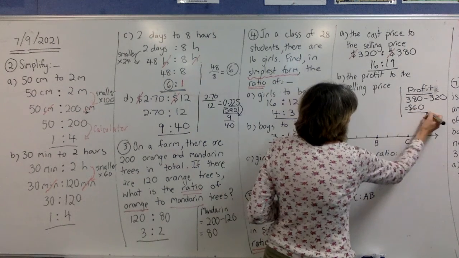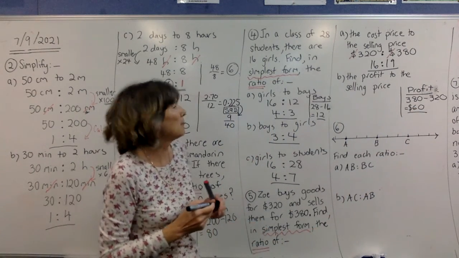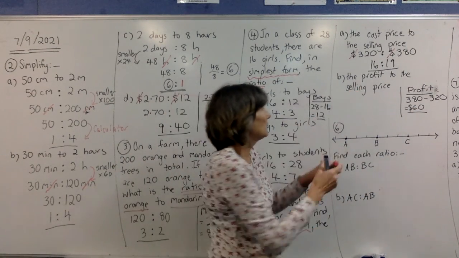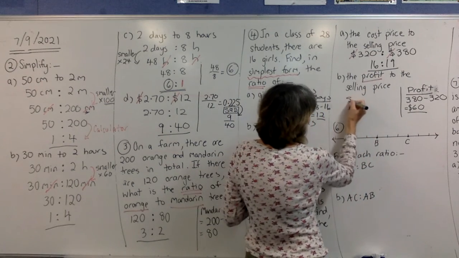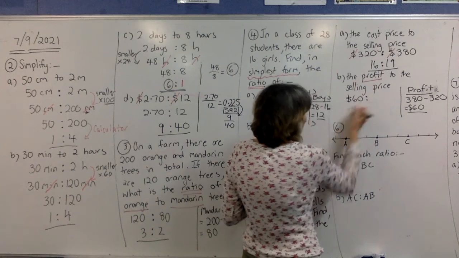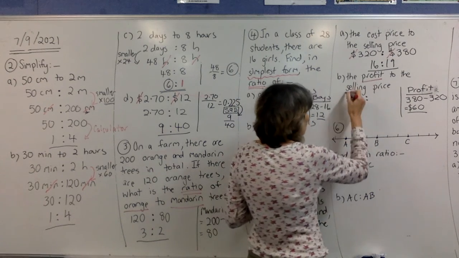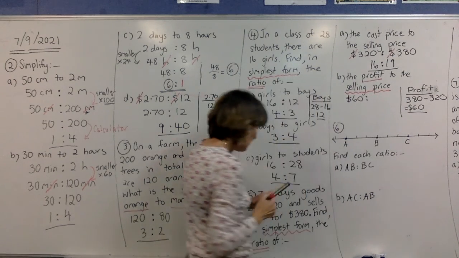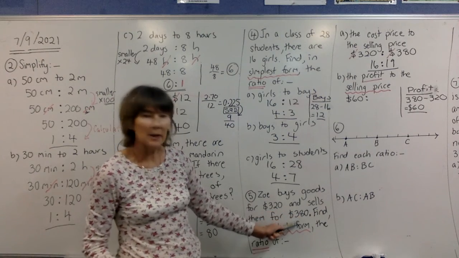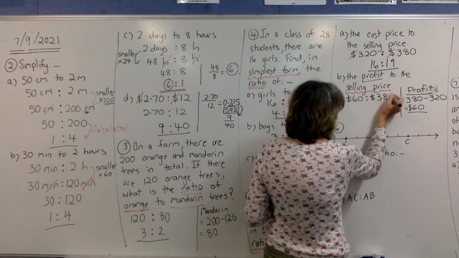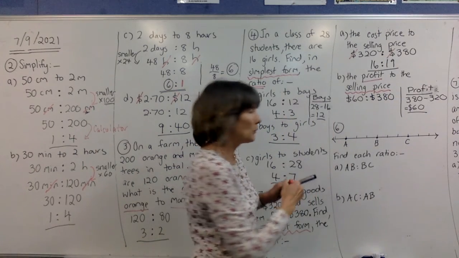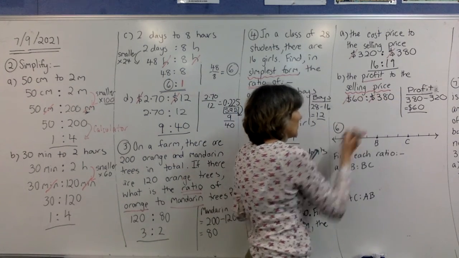Okay, so let's do our numbers now. The first thing is profit. And the profit we know now is $60. Then we do dot, dot. The second thing they're talking about is the selling price. And the selling price is $380. So now we're just simplifying that ratio. So let's get rid of the dollar signs because the units are the same.